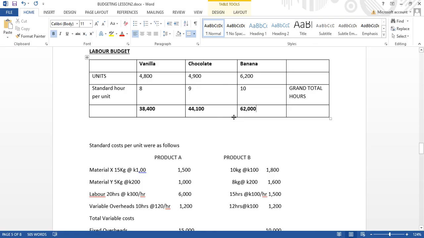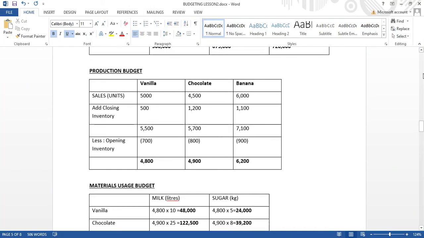So let's total up our total labor hours. So say 44,100 plus 38,400 plus 62,000. We need a total of 144,500 hours to produce all these three flavors, right?